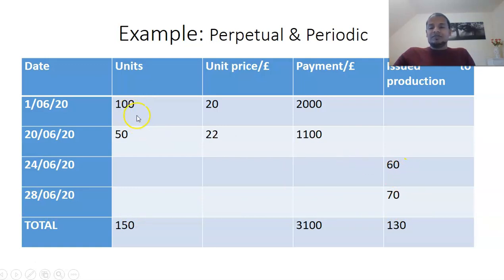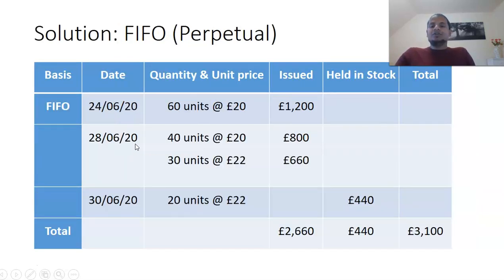So firstly, we should issue the remaining 40 from here at 20, and then the remaining amount we should issue from the next purchase. So the 40 that we received first will go first. So 40 at the rate of 20 is 800.